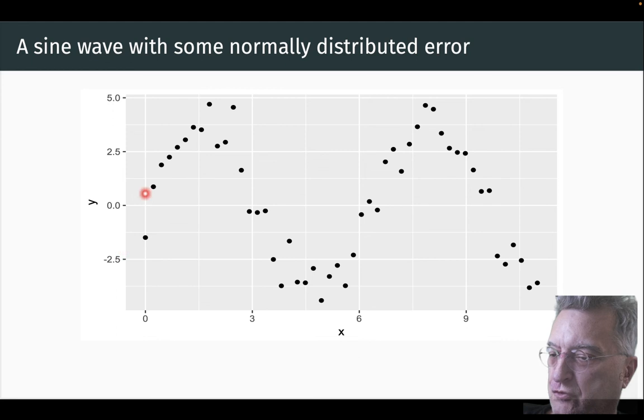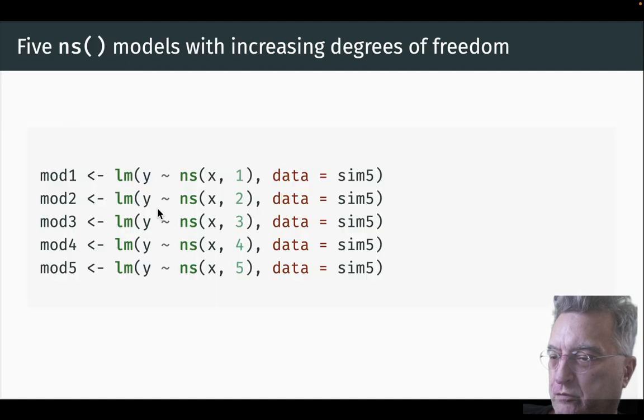And it's going from, I guess, 0 to 10. Okay, so this is a sine wave with some normally distributed error to it. And I can fit models to this data set with increasing degrees of freedom.